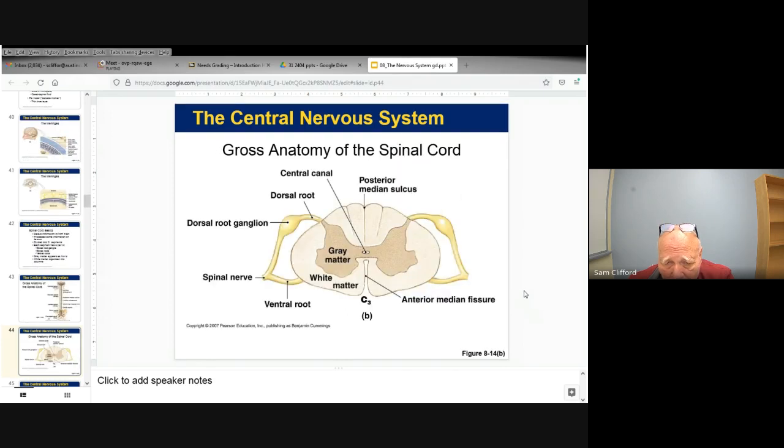So if you look at a cross-section of the spinal cord, notice that this gray matter is surrounded by white matter. The sensory input into the spinal nerve goes through the dorsal root ganglia into the dorsal root, into the posterior gray horn.